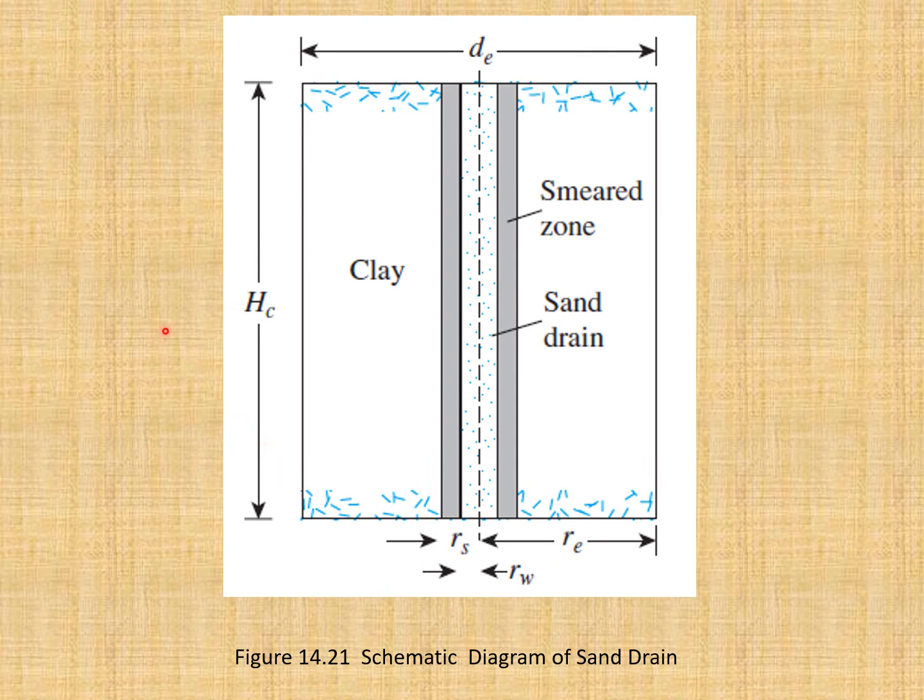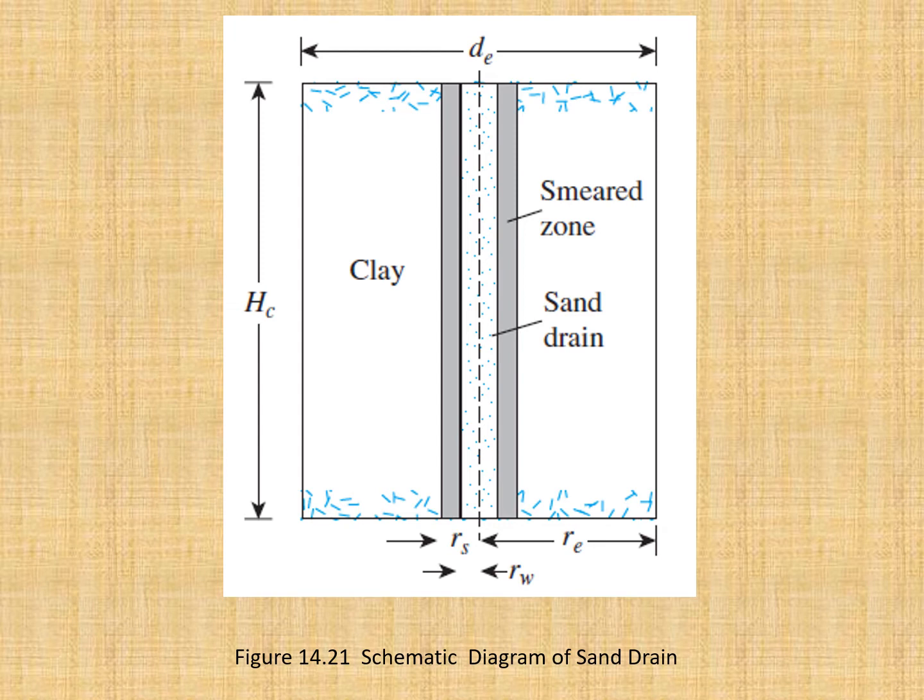Okay, this slide is showing the schematic diagram of sand drain. So you can see that this is the sand drain, and the radius of sand drain is r sub w, and you can see that you are having the influence of that sand drain approximately in a circular manner, and the diameter of that circle is d sub e.